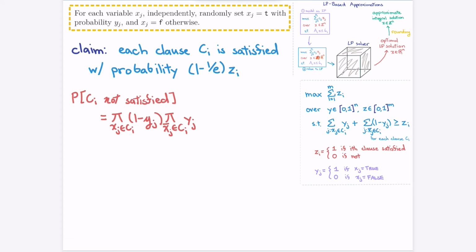So that's the connection we want to make to pull out zi, which is meaningful in terms of how many clauses we're satisfying. But one basic obstacle is that I'm looking at a product, and I know how to connect it via a sum. This happens a lot in this area. The question is, how do we address this analytically? I have this product of terms, and I would prefer a sum of similar terms.